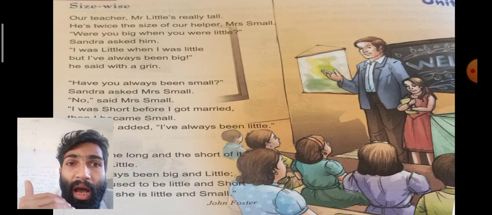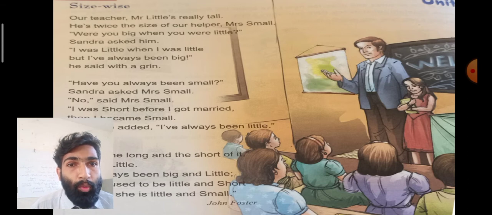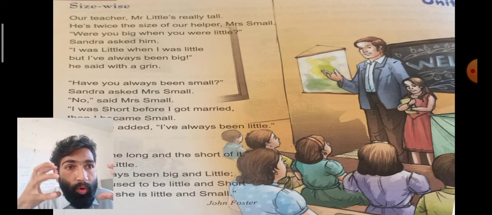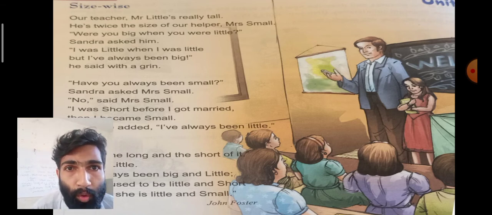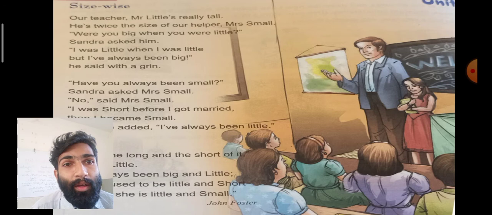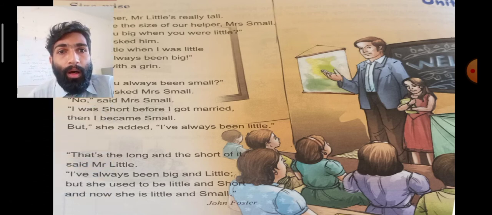"Have you always been small?" Sandra asked Mrs. Small. Meaning, was she always small? "No," said Mrs. Small. She was not always small. "I was short before I got married." It means her name was Short before her marriage. Then I became Small.